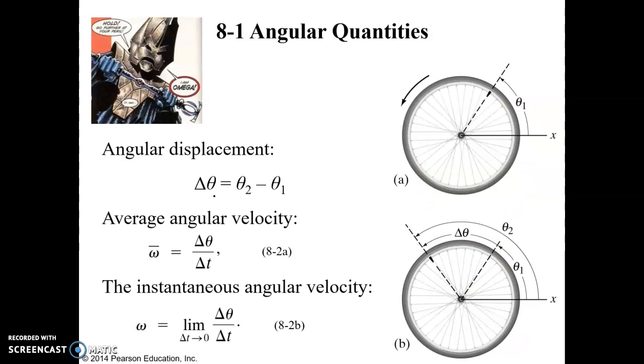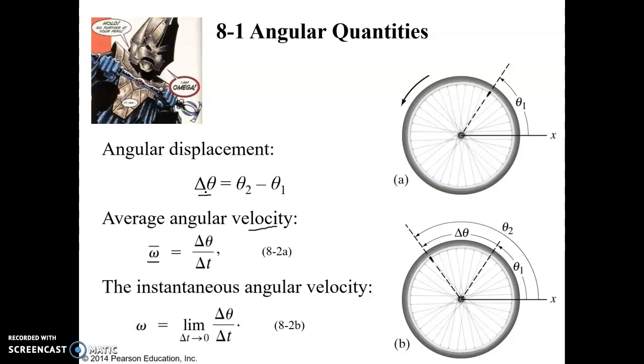So if theta is how far something rotates, then this next variable, omega, is how quickly it rotates. We're going to use omega to describe angular velocity. So we're going to use this word angular to describe this rotational motion, since theta describes an angle. How much does the object rotate? What is its angle?